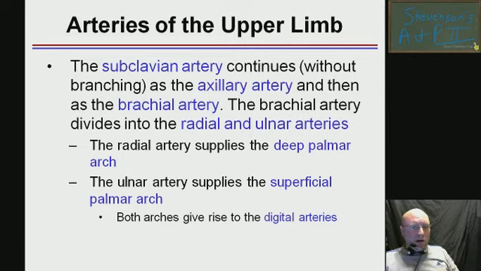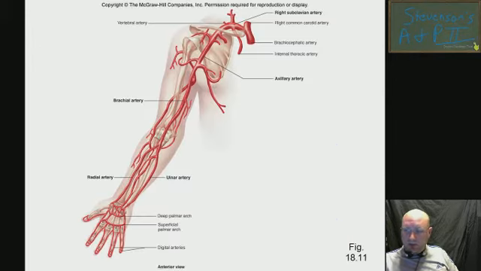The brachial artery divides into the radial and ulnar arteries to provide blood flow to your lower arm. The radial artery supplies the deep palmar arch, and the ulnar artery supplies the superficial palmar arch. Both arches give rise to the digital arteries supplying blood flow to the hand and the fingers.